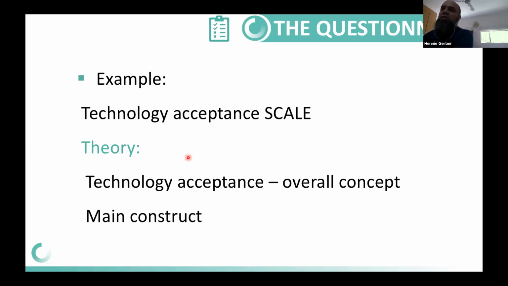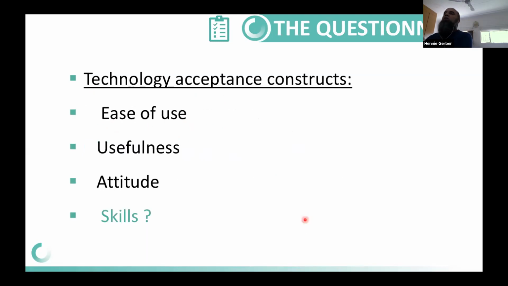Now, in this questionnaire, we have the technology acceptance scale consisting of a few constructs that are already valid. So the technology acceptance constructs or concepts or factors are ease of use, usefulness, attitude, and skills.